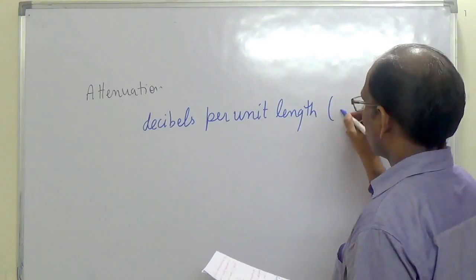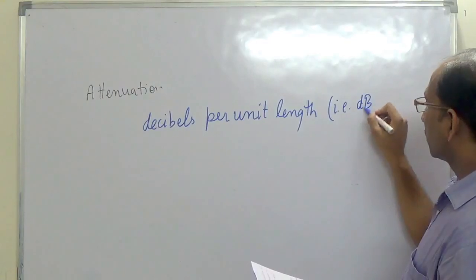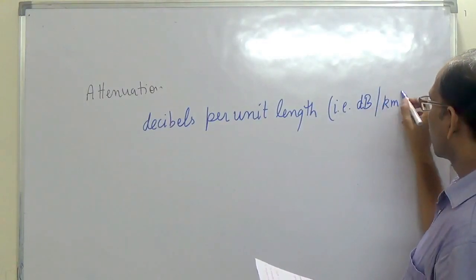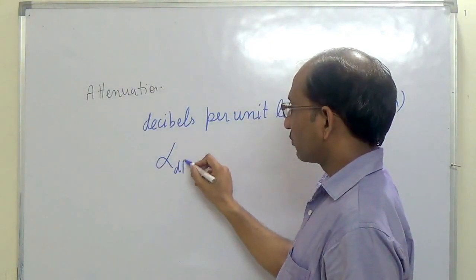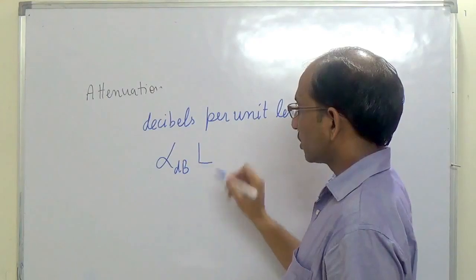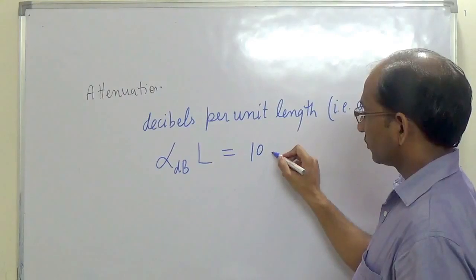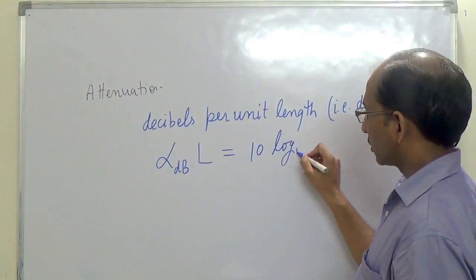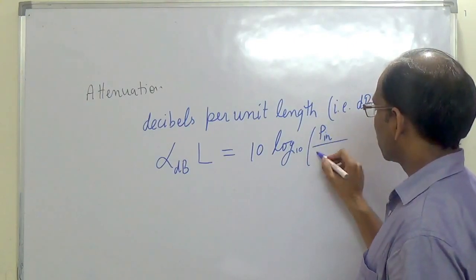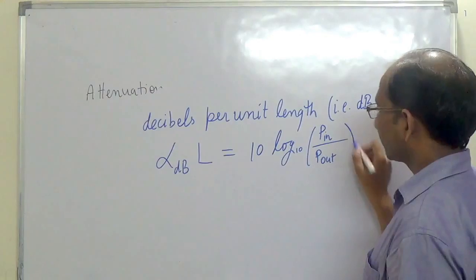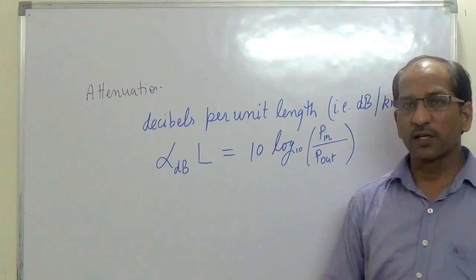The unit you can define as decibel per kilometer, and the formula will be alpha dB times the length is equal to 10 log base 10 of P input upon P output. This is our second formula for the attenuation.